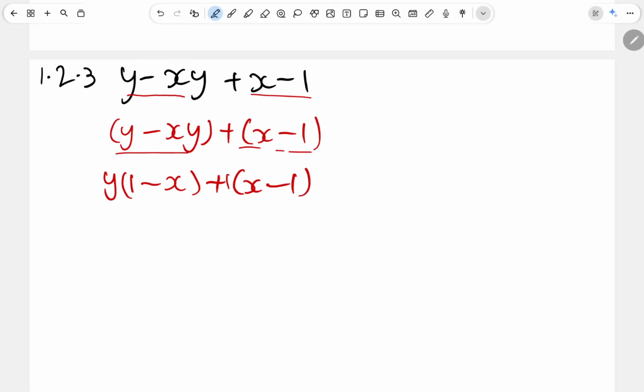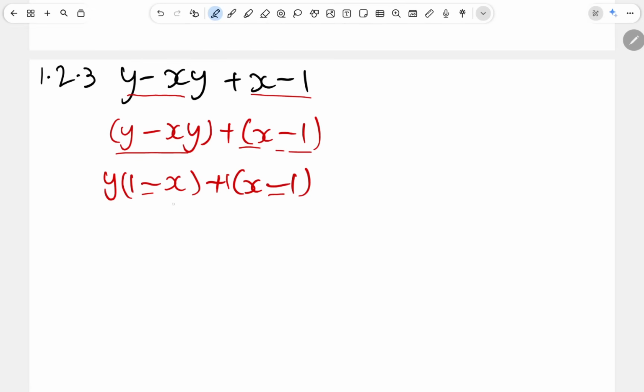Step number 3, we will use a sign swap trick. Wait. 1 minus x and x minus 1 are almost the same, but the signs are opposite.